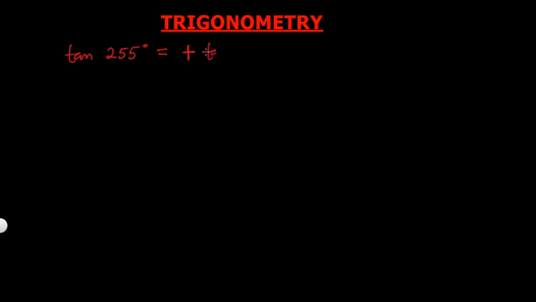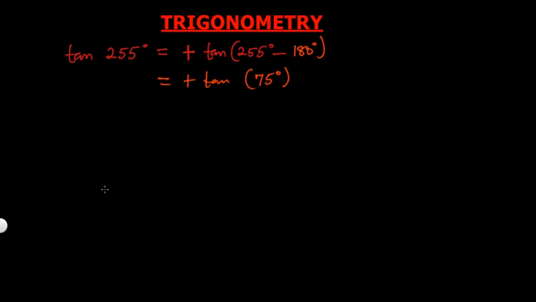That will be tan of 255 degrees minus 180 degrees, which gives us positive tan. Take 180 degrees from 255, that's 75 degrees. Yes, tan 75 degrees. So that's the equivalent of it.